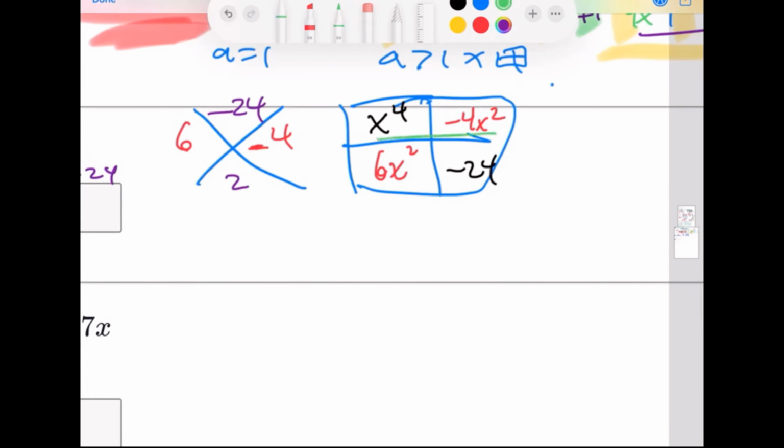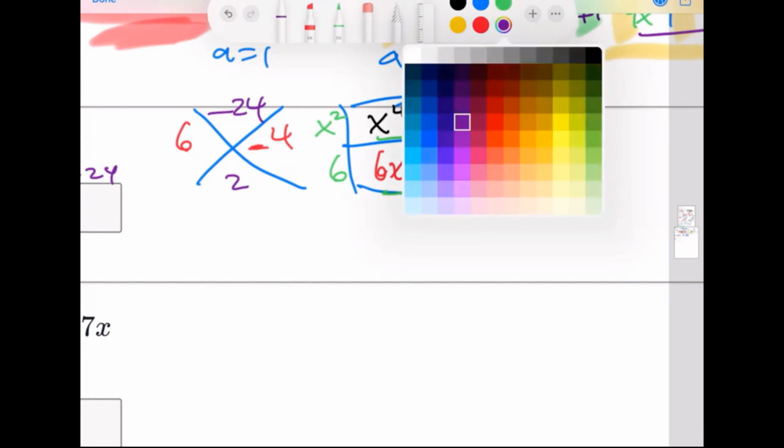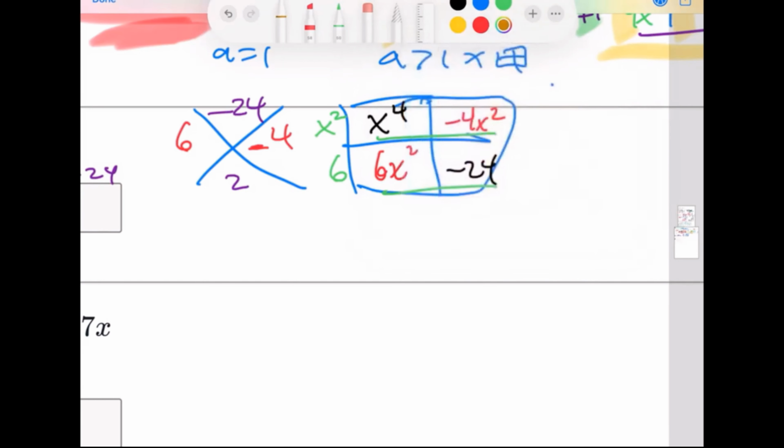We're just going to take out the greatest common factor. That's going to be an x squared. Greatest common factor, I'm thinking 6 here, and I'm happy with that for now. Let's pick a different color I haven't used. How about orange? This direction is going to be an x squared.